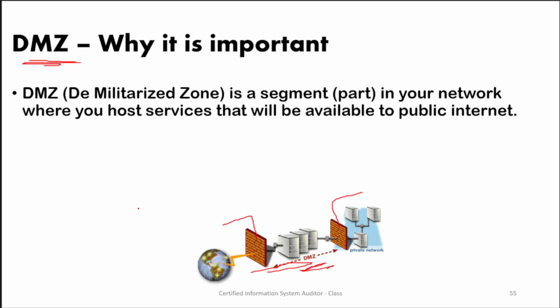Just to ensure that we are allowing the internet to access our DMZ, but it will not be able to pass to the second network. On the first firewall, which is before the DMZ, we allow any to access our DMZ servers. But on the second firewall, we only allow DMZ servers to access our internal network. That's why we are using two firewalls here.